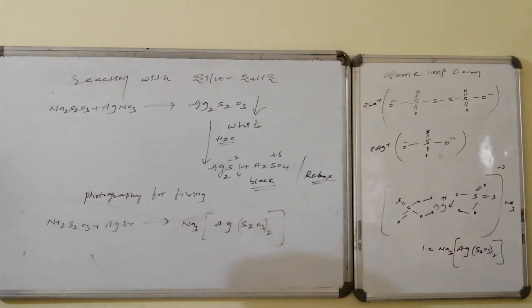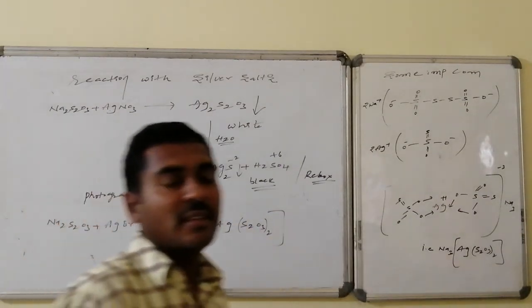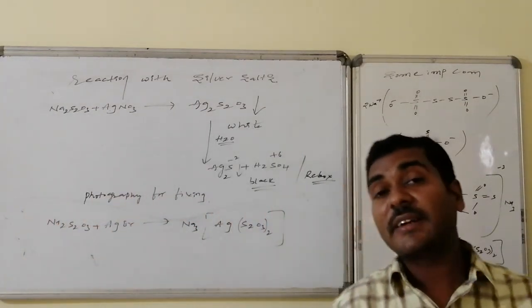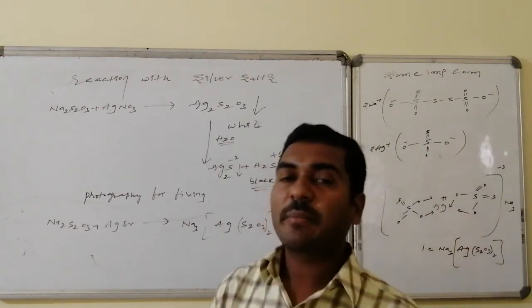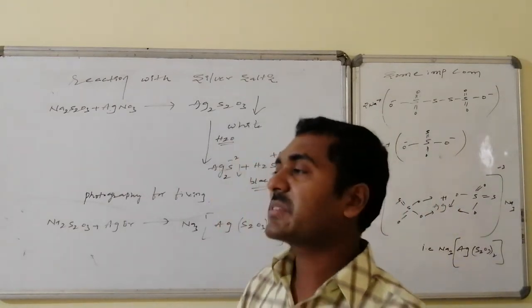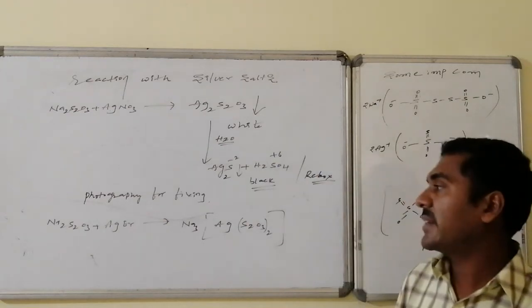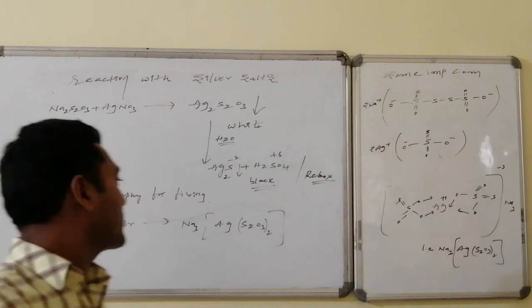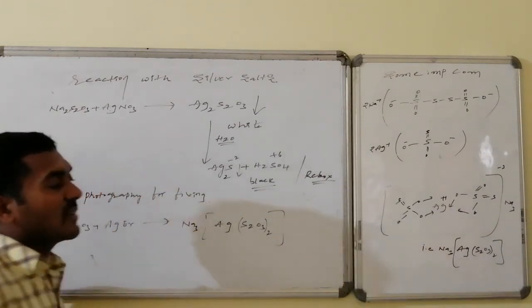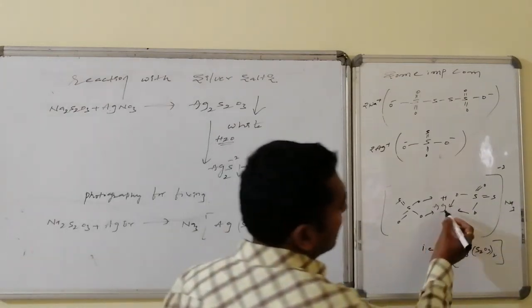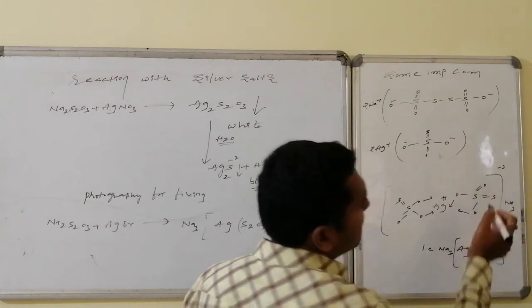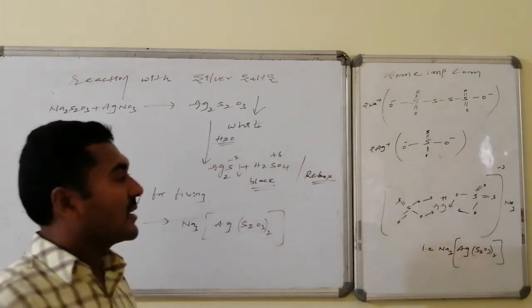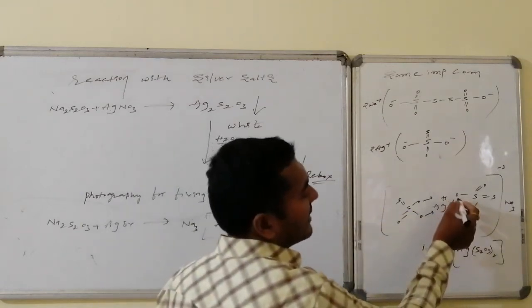redox reaction. Similarly, in photographic fixing, the unreacted silver bromide is allowed to react with hypo. That process is called developing, otherwise photo fixing. In this process, sodium thiosulfate reacts with silver bromide and forms a complex, Na3[Ag(S2O3)2]. The structure of the complex is like this. Silver is connected with two molecules of S2O3 2-, where oxygen acts as a ligand.